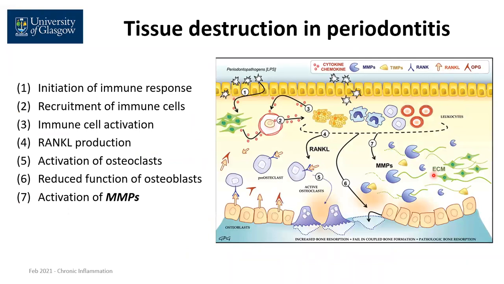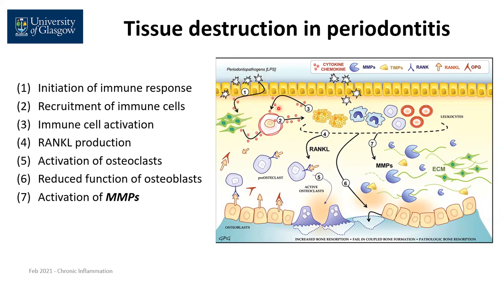So this diagram highlights the processes that occur during periodontitis and the onset and development of the disease. The first 3 points, which are highlighted up here, are things that we've talked about in great detail in previous sessions, where you get initiation of the immune response, which is driven by recognition of the microbes and the components of the microbes, so basically antigen recognition.